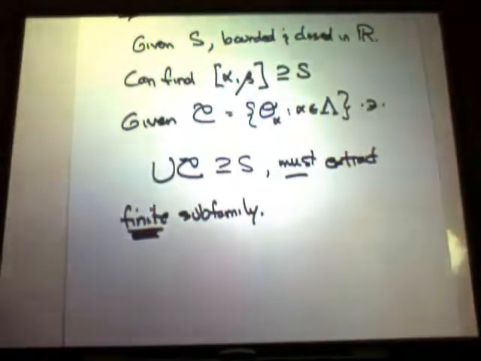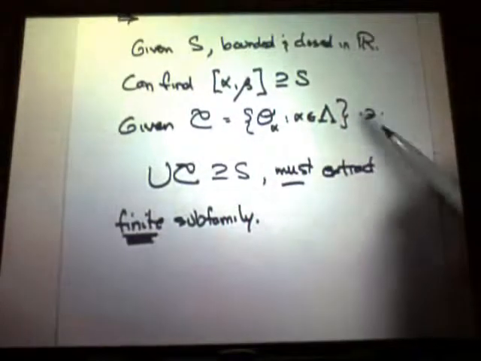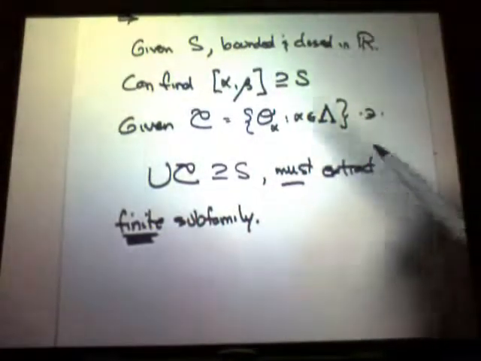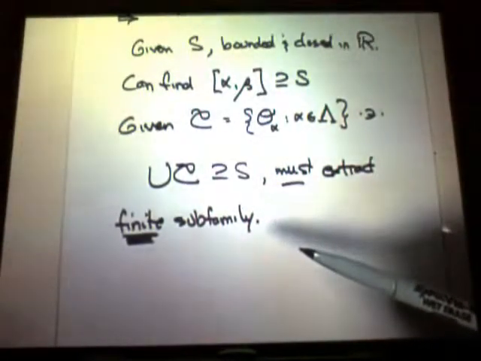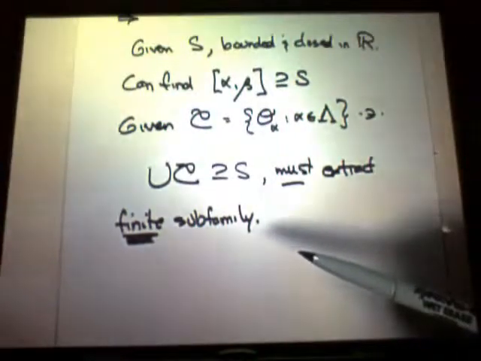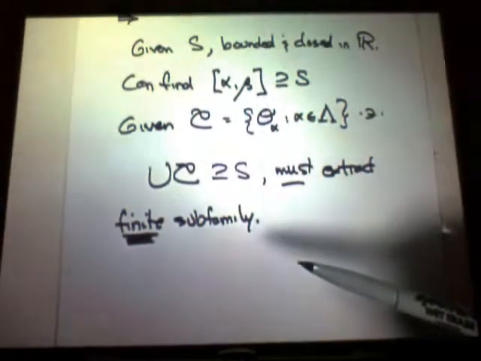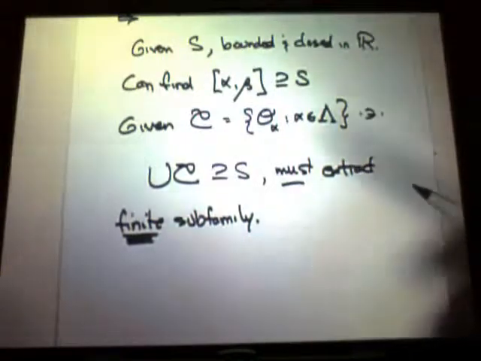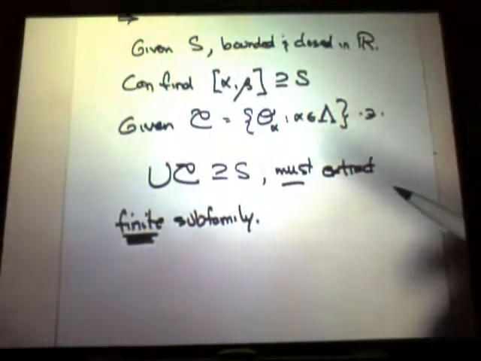If I do that, I will prove the theorem, right? This is the Borel-Lebesgue criterion. I have two things going for me, closedness and boundedness. I have an arbitrary cover, and I have to find this finite subfamily. Okay.